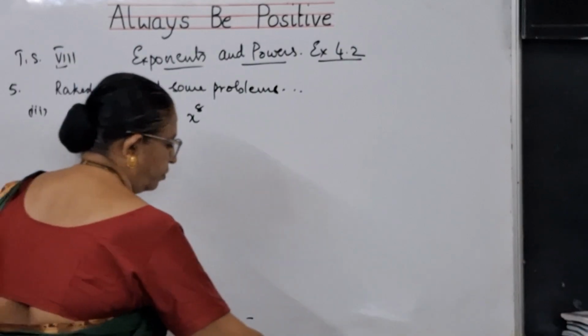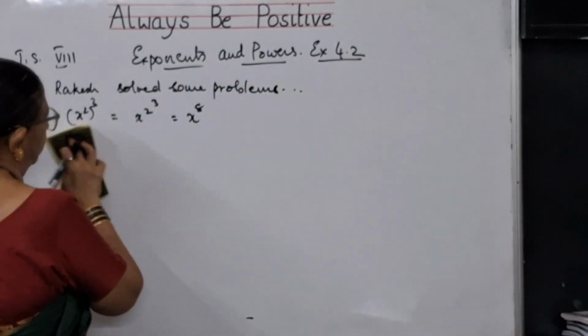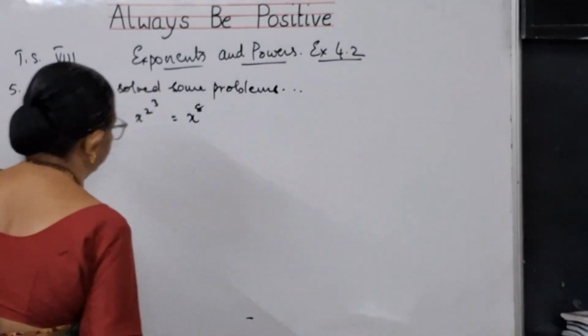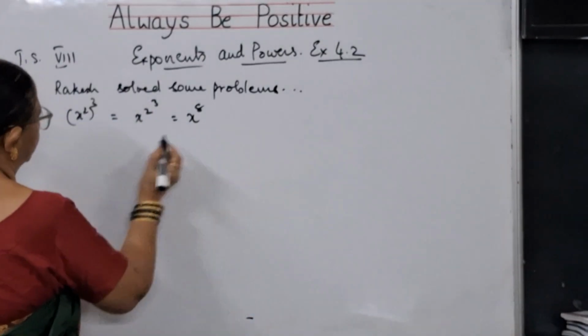This is what is given. So we have to consider LHS and RHS. We consider LHS as this and RHS as this.